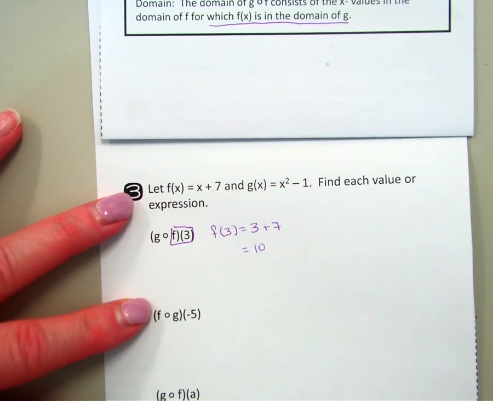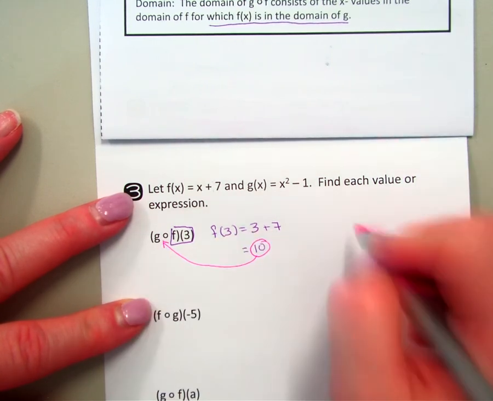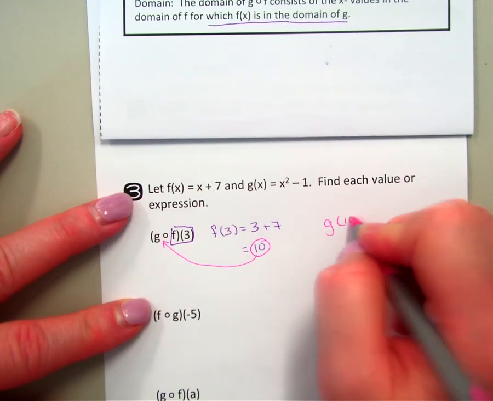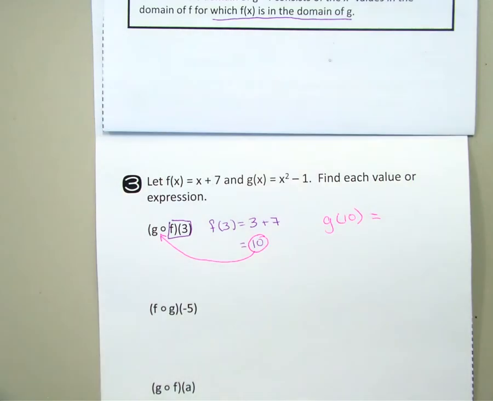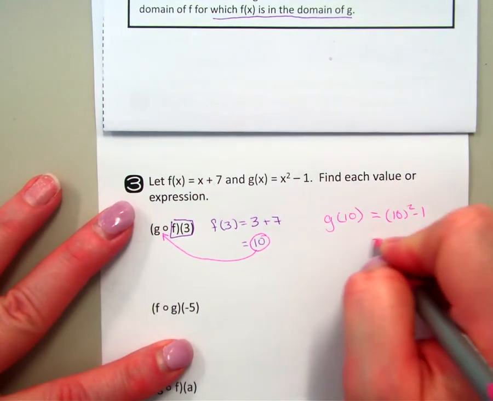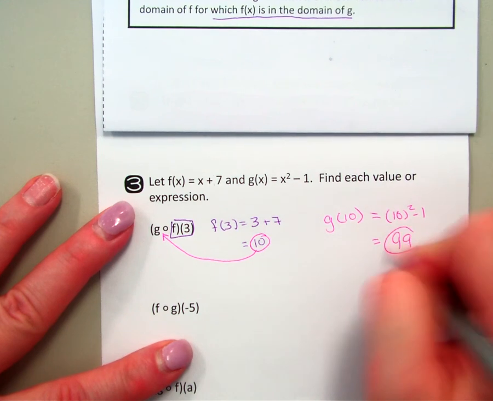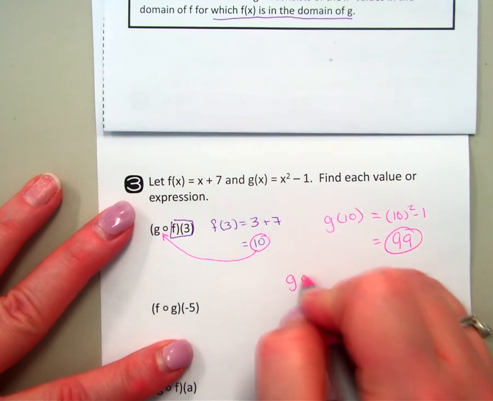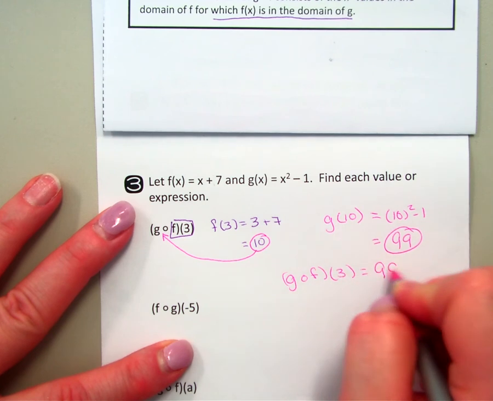So now I'm going to take this 10 and use that in the g function. So I'm going to do g of 10 here. So g of 10 would be 10 squared minus 1, which is 100 minus 1, so it's going to be 99. So g of f of 3 equals 99.